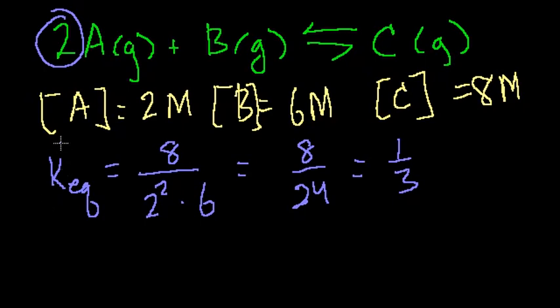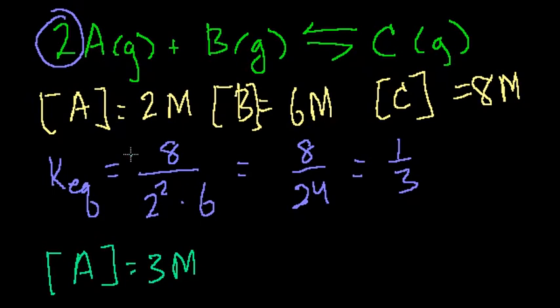But let's say after adding more A, we have a new concentration. Now, let's say our concentration of A is 3 molar. You might say, hey, Sal, didn't you add 1 molar? No. I actually added probably more than 1 molar. What happens is whatever I added will push the reaction towards the right, or the forward direction. And so some of it will get consumed and go in that direction, but whatever's left over is here.